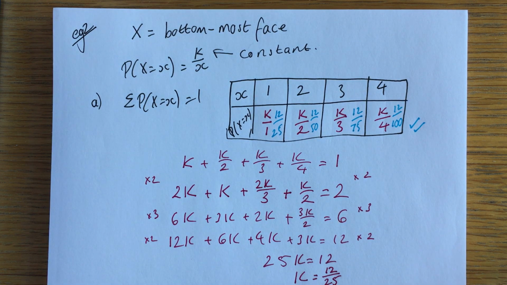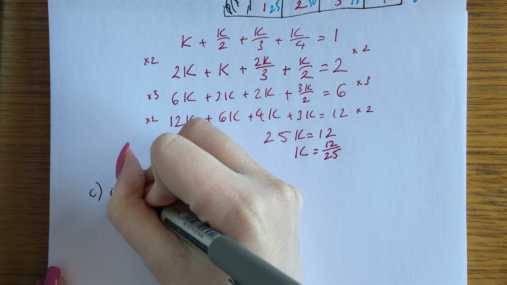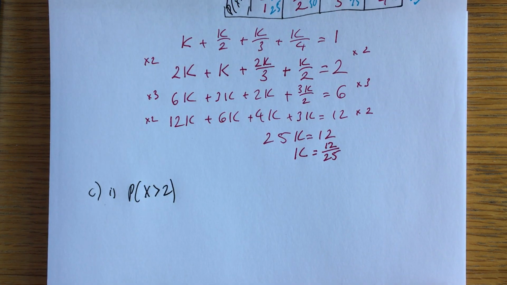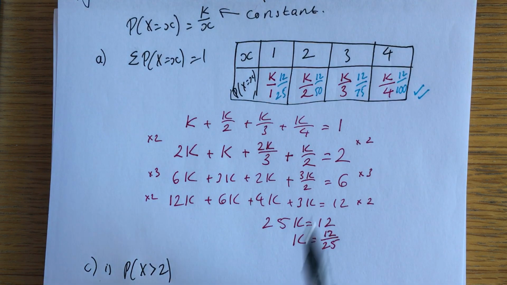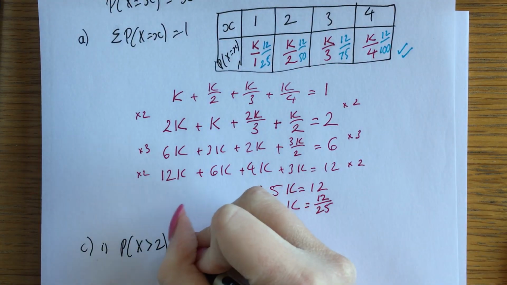So find the probability that x is greater than 2. Well, for the probability of x to be greater than 2, that means it must either be 3 or 4.